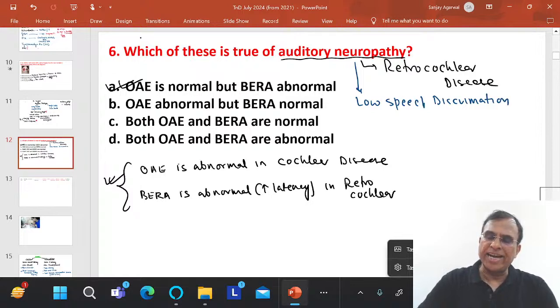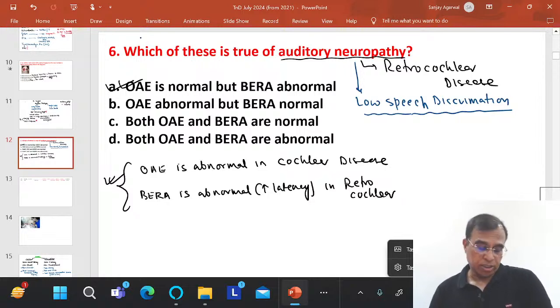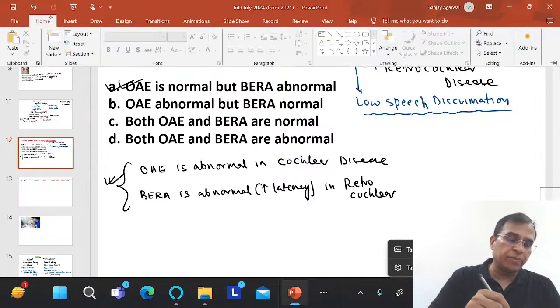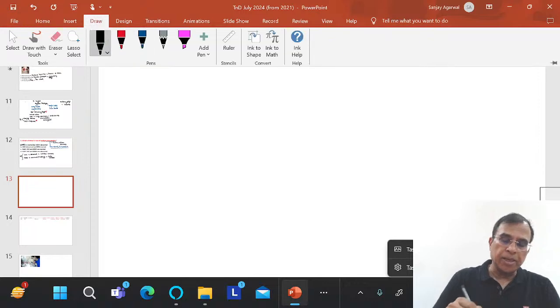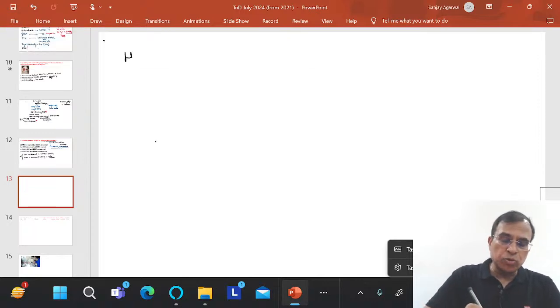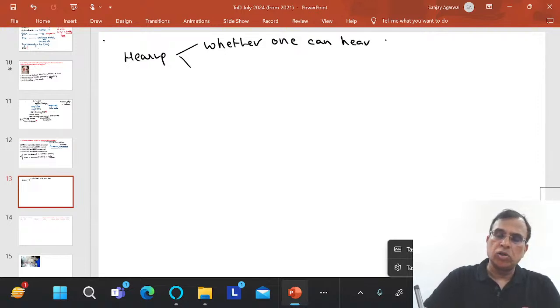So this is the right thing to say, that there is a low speech discrimination. There are two things in hearing. Since you have mentioned this, let me explain something very interesting. As it comes to hearing, there are two things: whether one can hear or not.